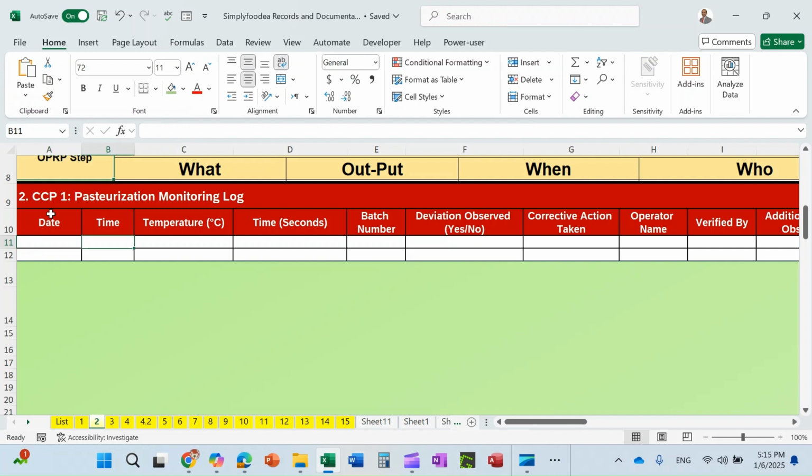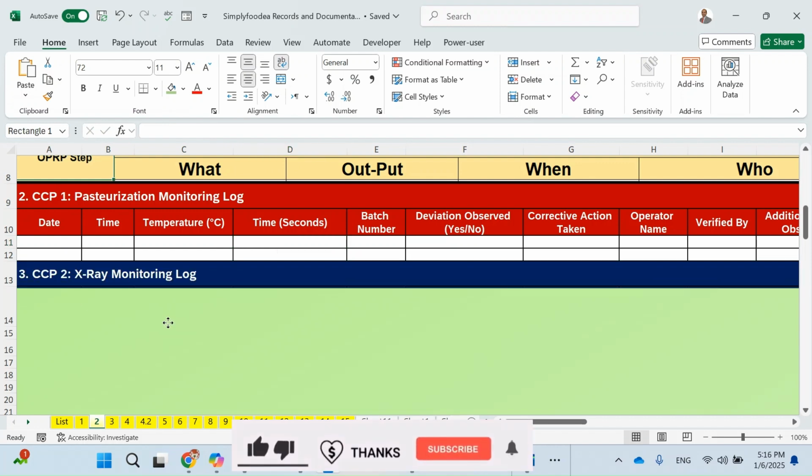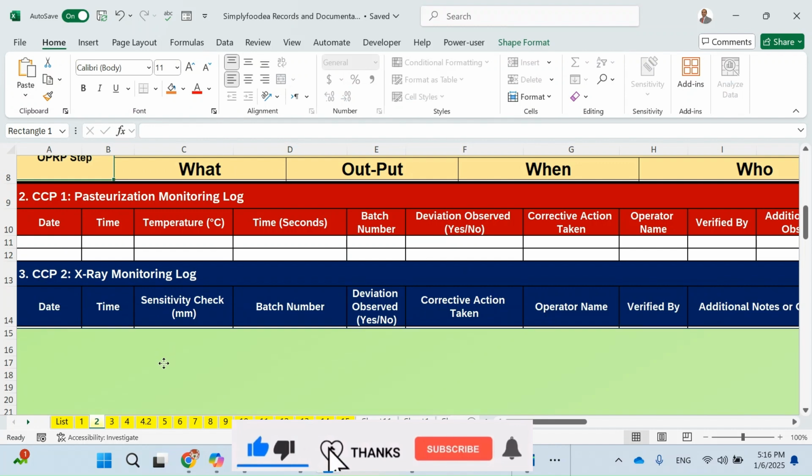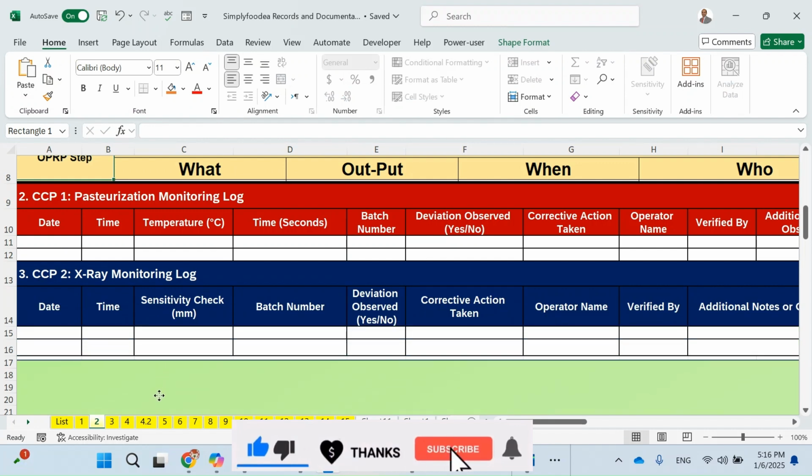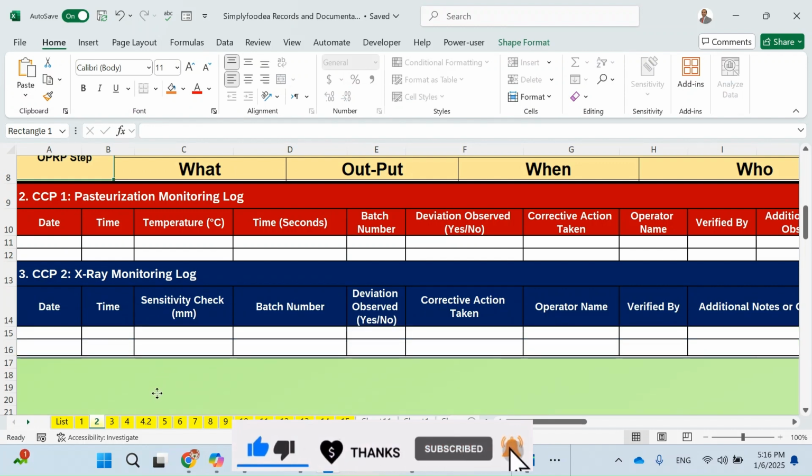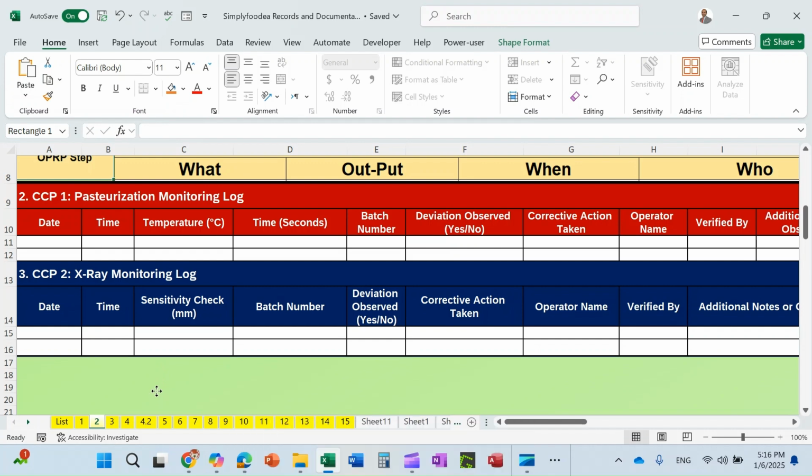An important thing here, we must have the limits of the temperature and the limits of the time, so it's very important in the pasteurization process monitoring. For the X-ray, there is also the date, the time, the sensitivity check in millimeters, whether it's ferrous, non-ferrous, or stainless steel, as I will mention soon, inshallah.